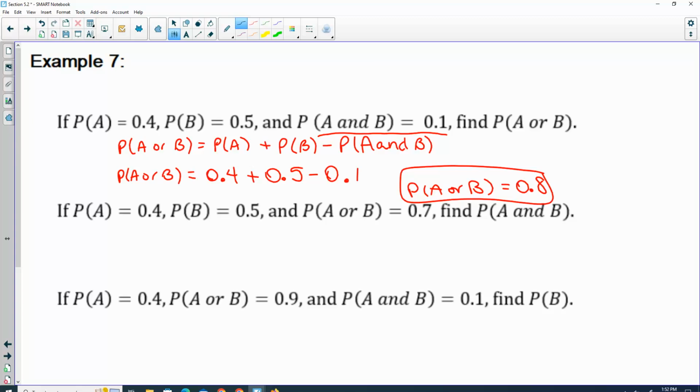Alright. So next one. I still have all the same things. A's, B's, A or B, A and B. So I'm still using the same formula. But we just have to solve for something different. So I'm writing my formula out.